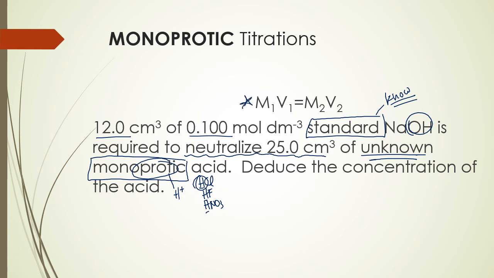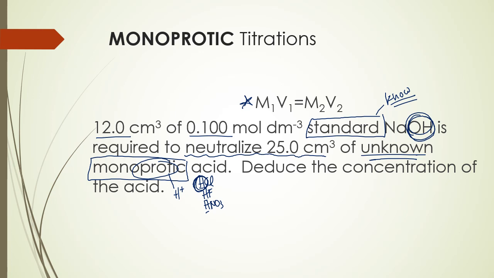Instead, I can use a shortcut, M1V1 = M2V2. We use this for dilutions. We can also use it with titrations if and only if I have equal numbers of OHs and Hs in the two solutions that are neutralizing each other. So let's say that we need to finally do some math to deduce the concentration of the acid.